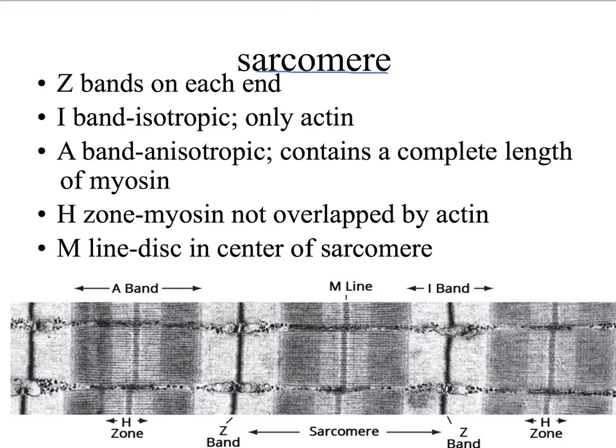It's described with bands and zones and lines based on the way it looks under a microscope. If you were to lace your fingers together, interlace your fingers like this, and then slide them back and forth, what you're representing here, this area, would be a sarcomere.